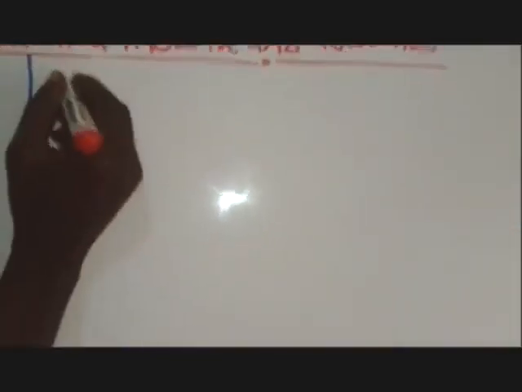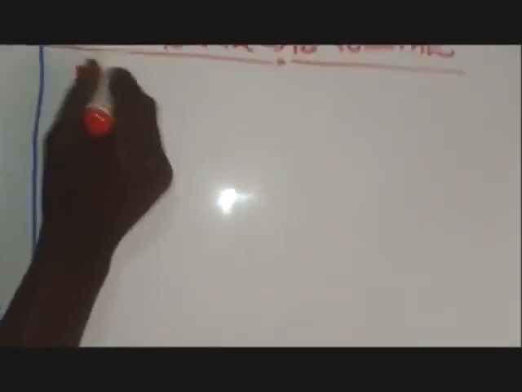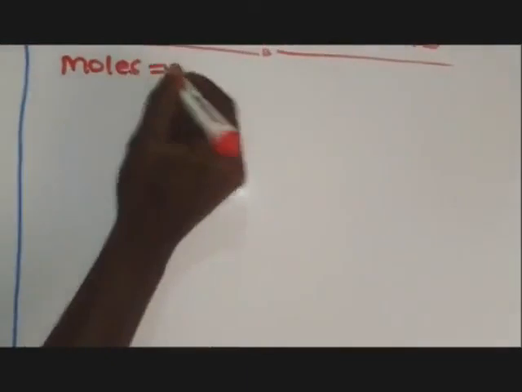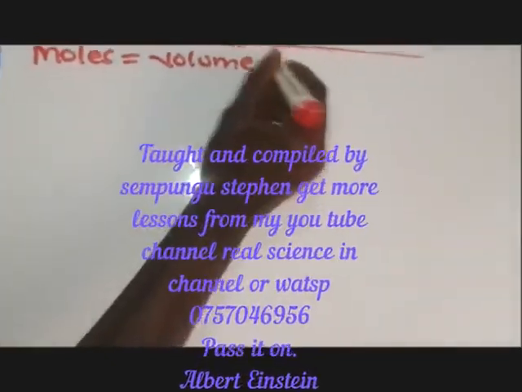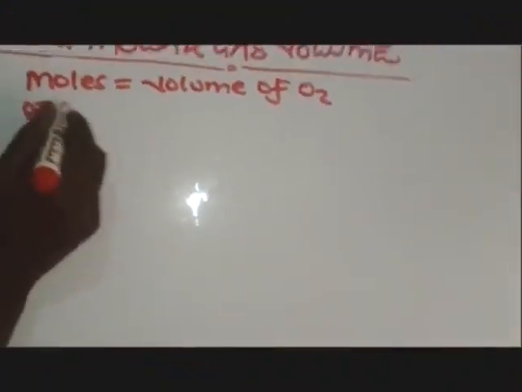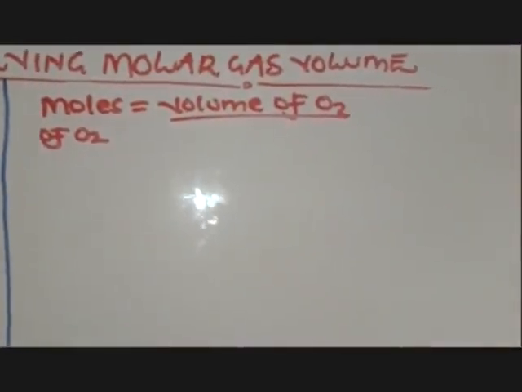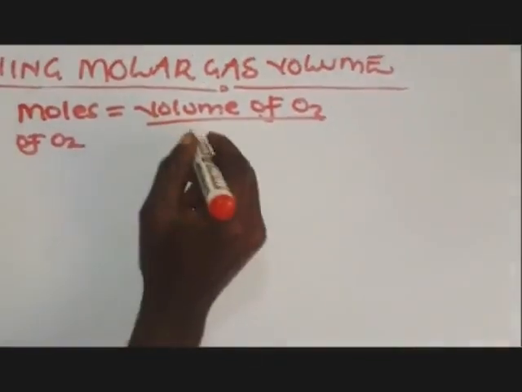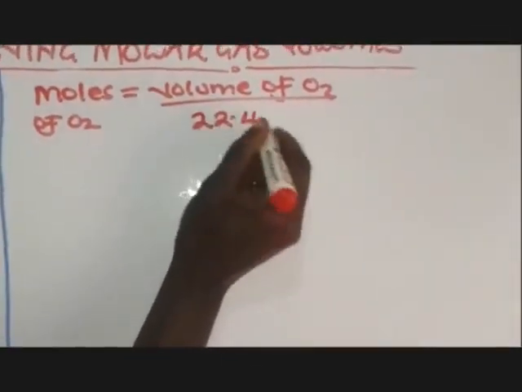So remember we said the volume of the gas from moles is equivalent to the moles of oxygen divided by the molar gas volume, which the question has given us as 22.4 decimeters.